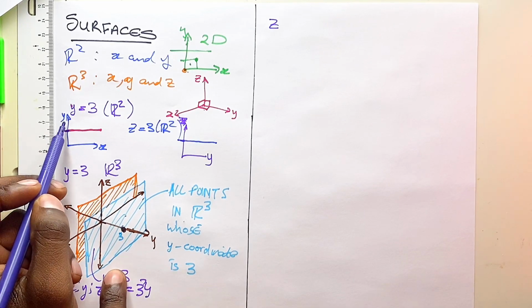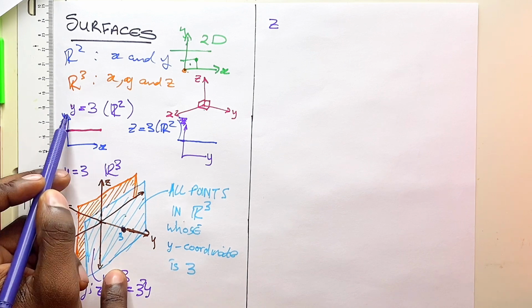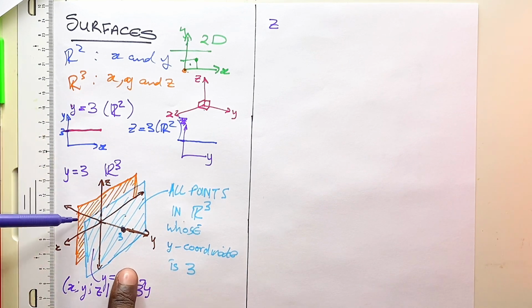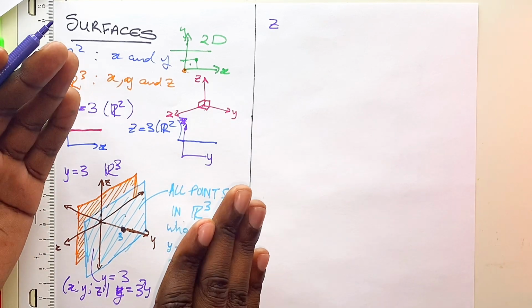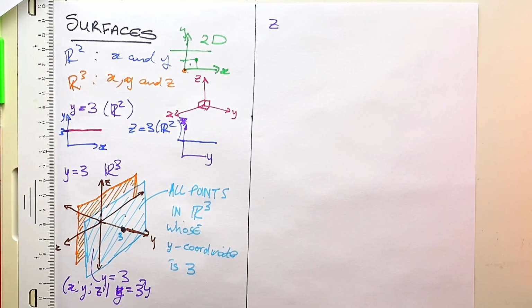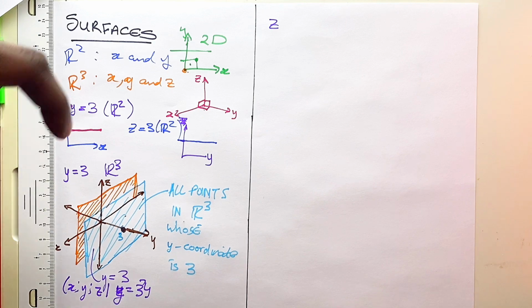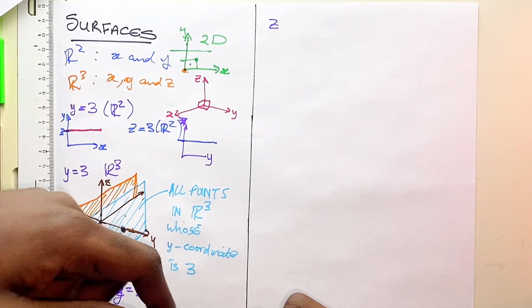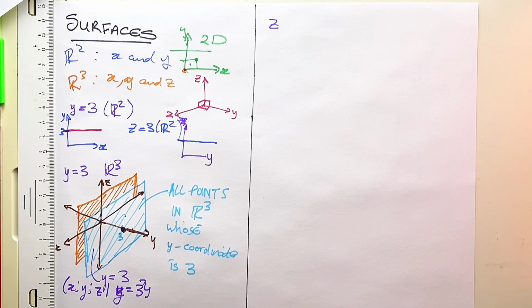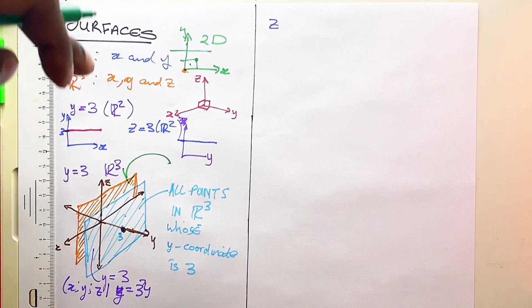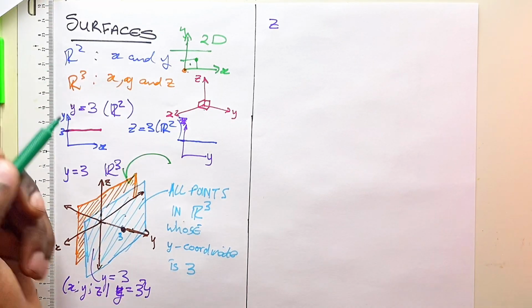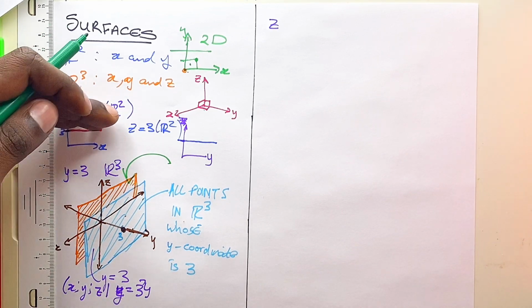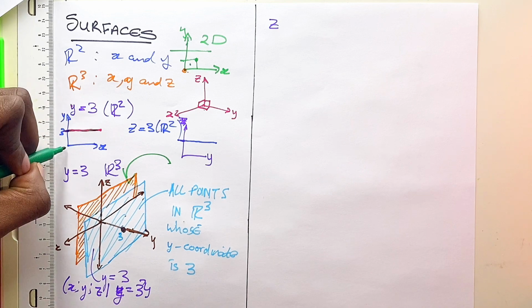You can see that in the two-dimension drawing, this line is actually this surface. We're just looking at it in just 2 dimensions. So if you look at it coming from upwards, which is x and y, if you look at it from this direction, you will only see it as a line, but it's actually a surface that goes into the z-axis.